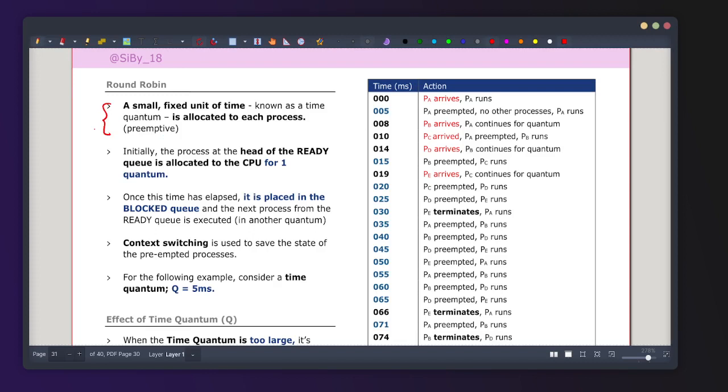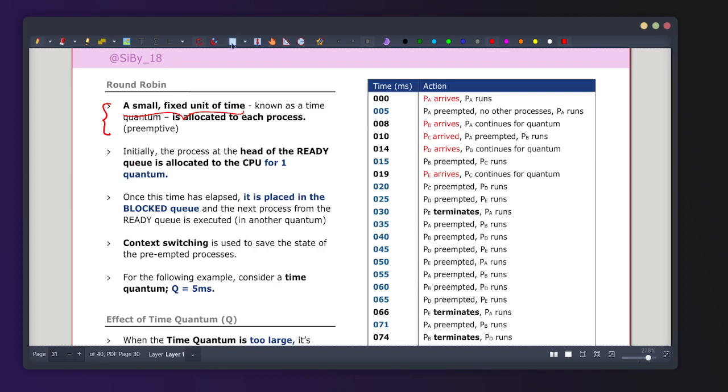In round robin, it's a preemptive algorithm, which means that each process is allocated a fixed unit of time known as a time quantum, right? So basically it's like doctor's appointments. A process comes, it gets some time, either it finishes in that time or it goes back to the ready queue and gets another time. So that's the idea, guys.